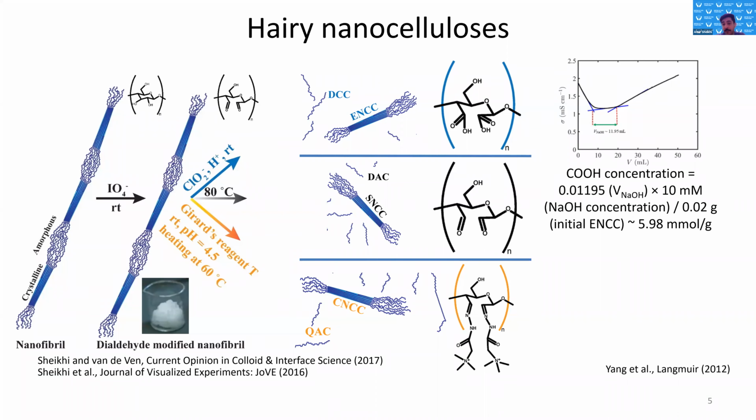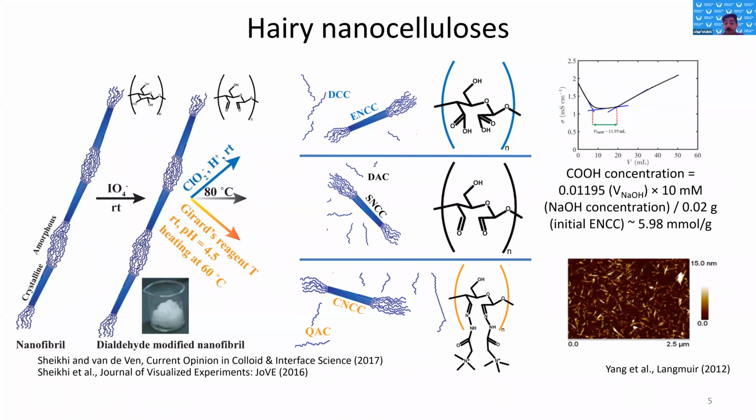One of the unique properties of hairy nanocelluloses is that due to the existence of these hairs, we can impart more than one order of magnitude higher charge content than conventional nanocelluloses. Here is an example of ENCC, which is functionalized with carboxylates, and the charge content is about 6 millimole per gram, which is significantly higher than conventional nanocelluloses, which typically have less than 1 millimole per gram of charge.